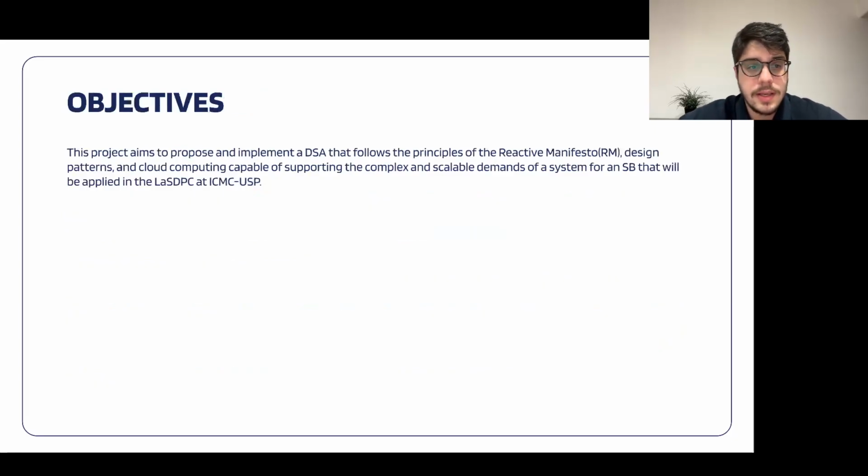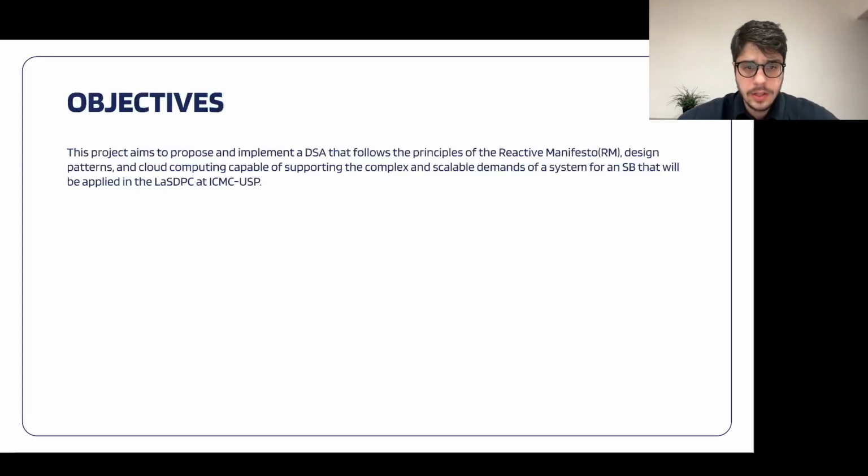So the main objective here is that we want to implement a distributed software architecture following the reactive manifesto, design and cloud patterns, and cloud computing, capable of supporting these complex and scalable demands of the systems.